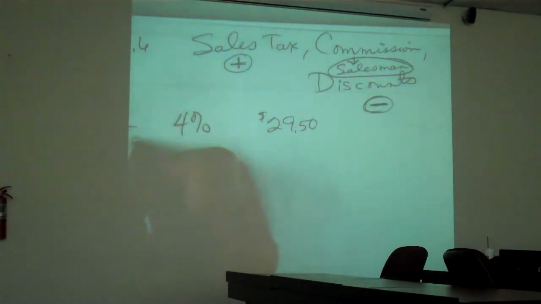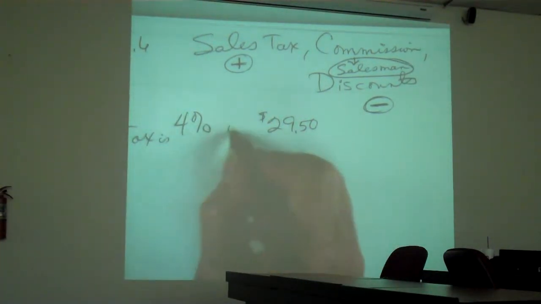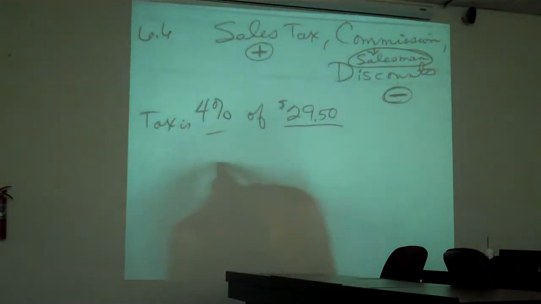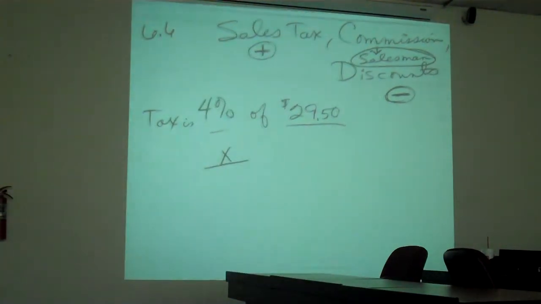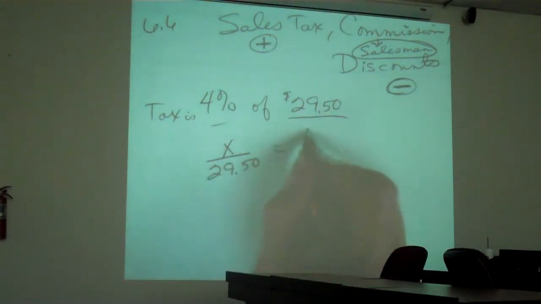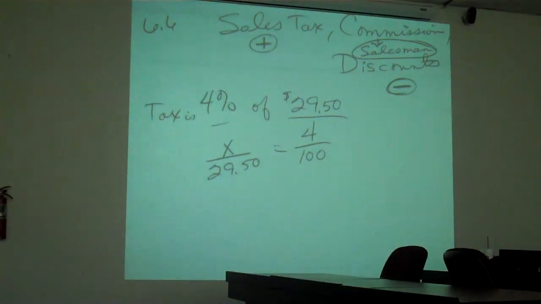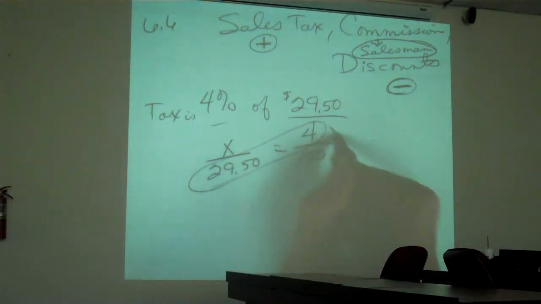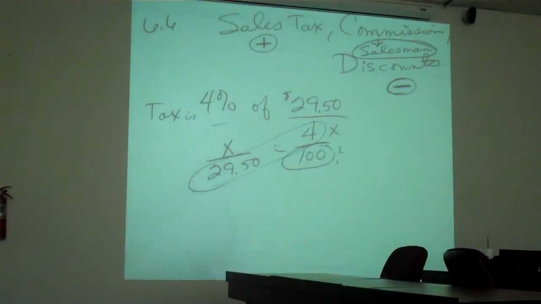So the tax is 4% of the price, right? So your tax is the is, your price is the of, 4 is your percent over 100. So you're going to multiply that times that, divide by 100.